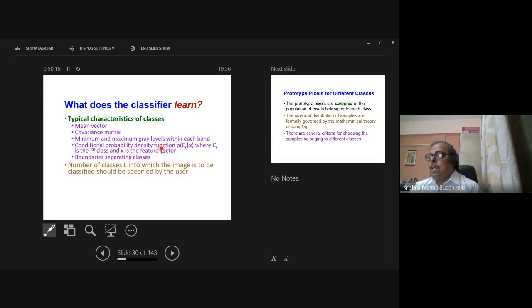Then this needs to be computed. Oh, sorry, actually this should be probably x given ci. Probability of x given ci, not ci given x. That is, what's the distribution of the data values in each class.